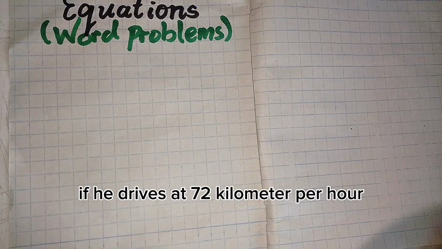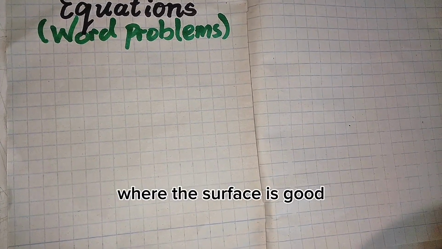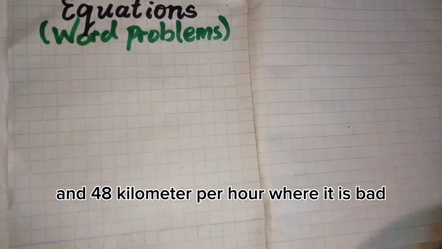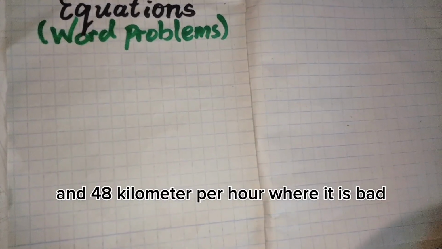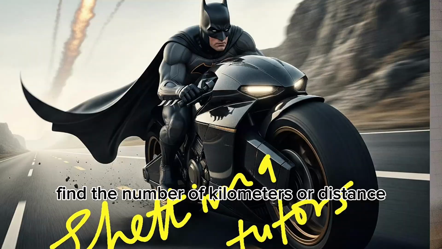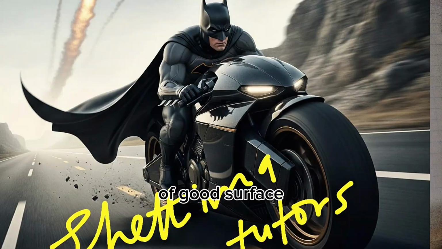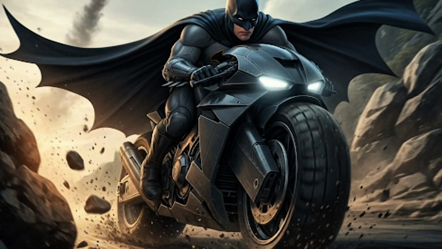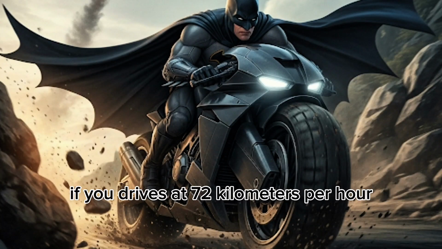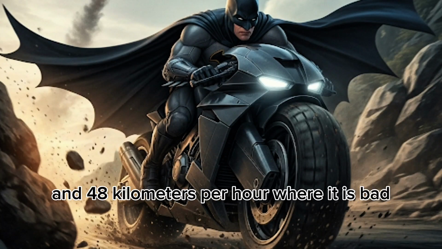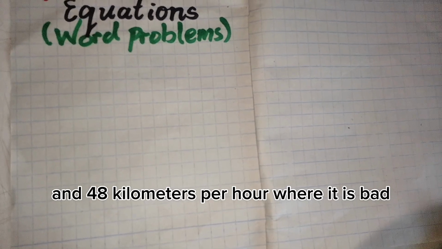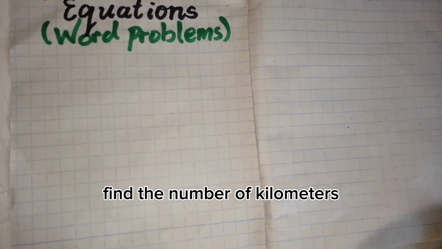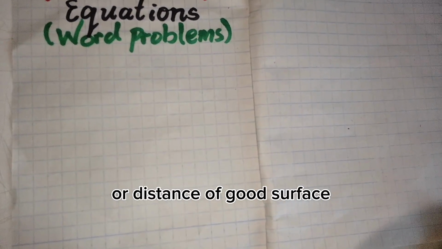If he drives at 72 kilometers per hour where the surface is good and 48 kilometers per hour where it is bad, find the number of kilometers or distance of good surface.